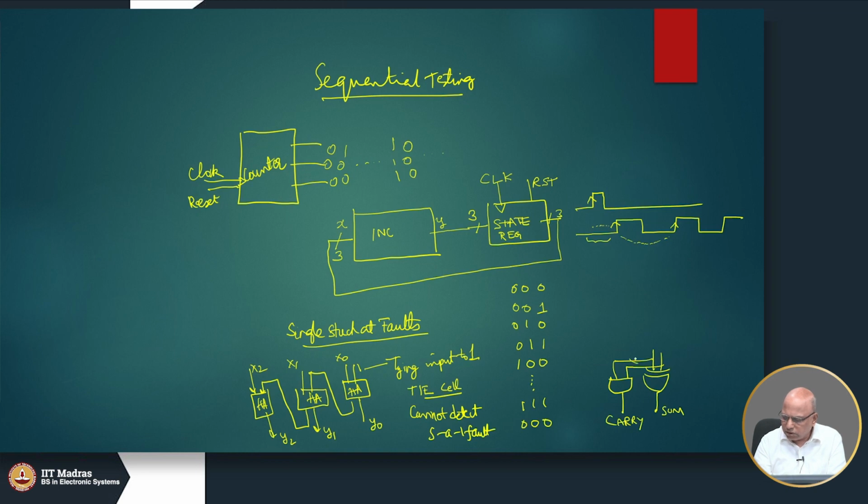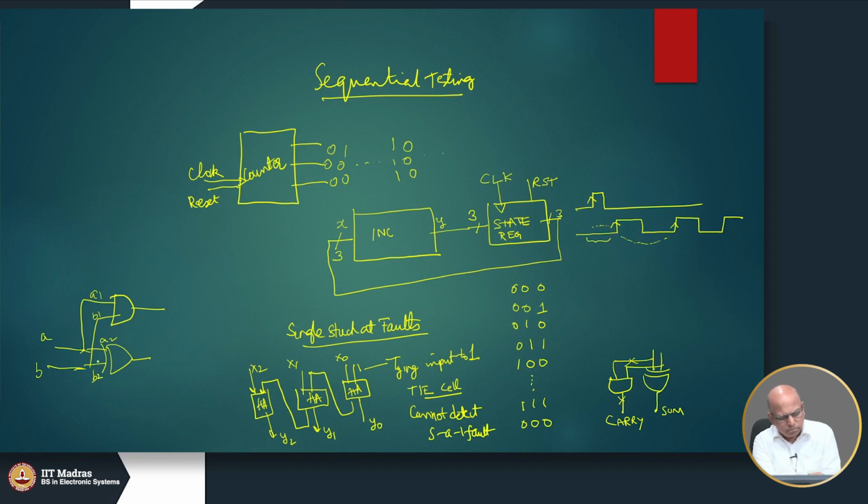It is possible that this wire is stuck at 0 or stuck at 1, it is possible that this is stuck at 0 or stuck at 1, etc. So, if you rewrite this, let us call these A and B, then this is A1 and this is A2, this is B1 and B2.